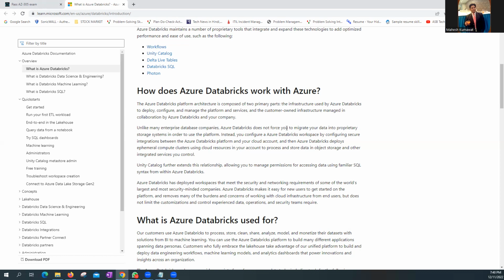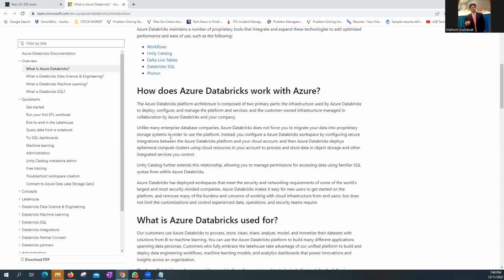The technical point of view is about infrastructure: deployment, configuration, and management, how you configure and manage, and provide platform upgrade services. From the customer's point of view, it's about collaboration through Azure Databricks in your company. How are you going to collaborate and work from the company's point of view? I can say that.